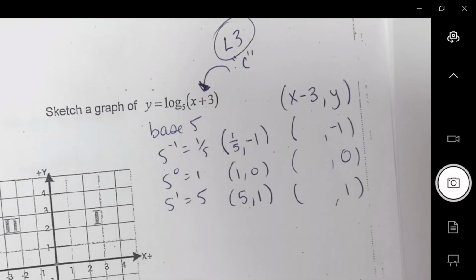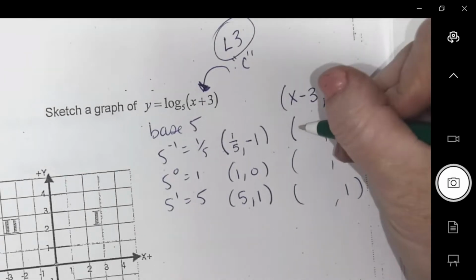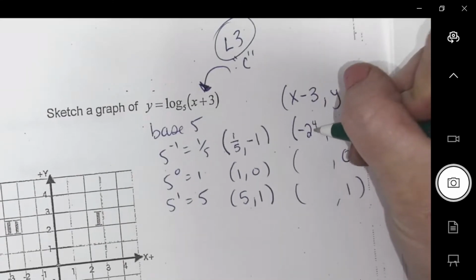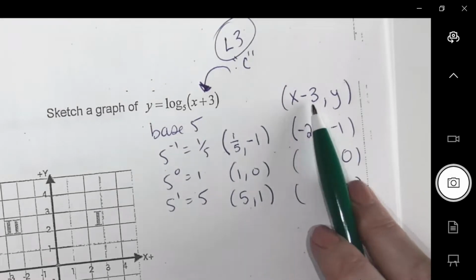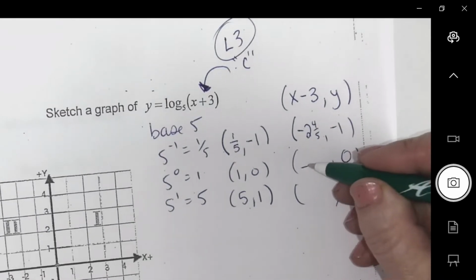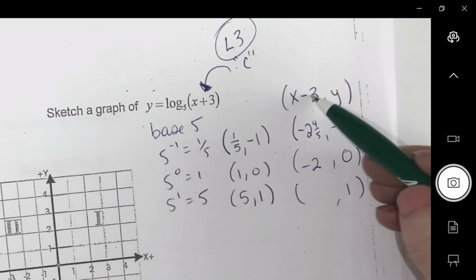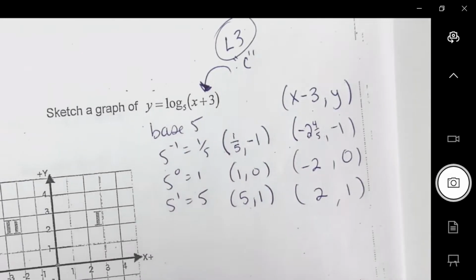Okay, do we want to do this fraction one? What's 1/5 subtract 3? -2 and 4/5. 1 subtract 3, -2. 5 subtract 3 is 2.